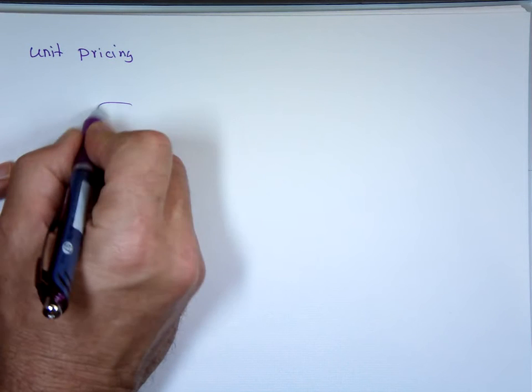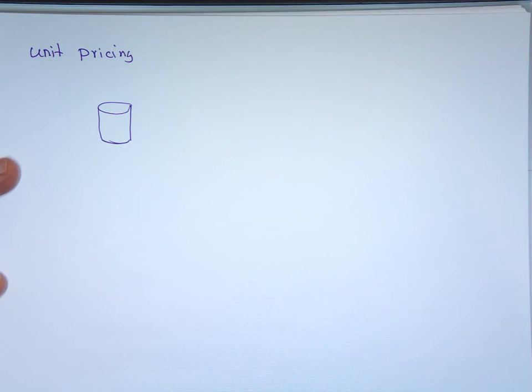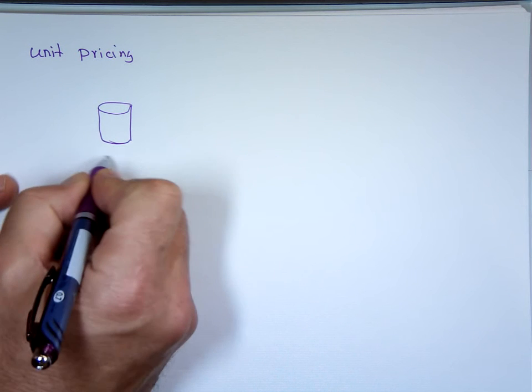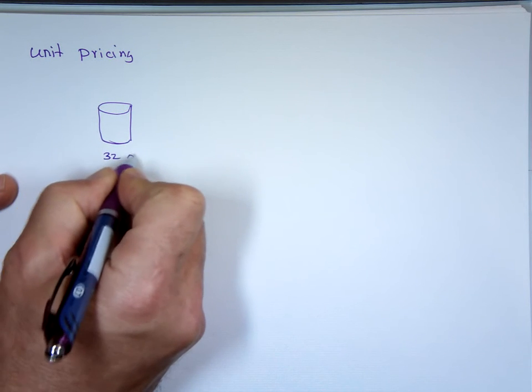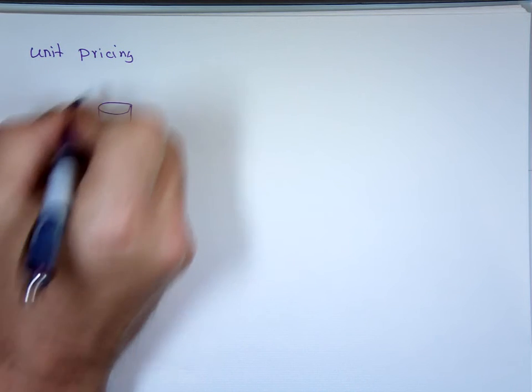Meaning what? You go to Costco. You want to buy peanut butter. You want a restaurant, so you know you're going to use it all, so it's not an issue about using it. And they have different size containers. Could be coffee, could be Band-Aid, whatever you want it to be. Could be vitamins if you're taking vitamins. The first one says, this jar has 32 ounces in it. And the price of that is $3.52.